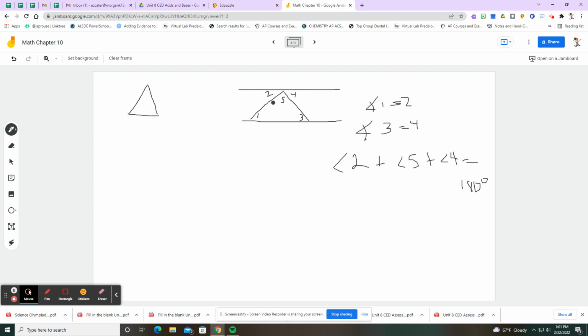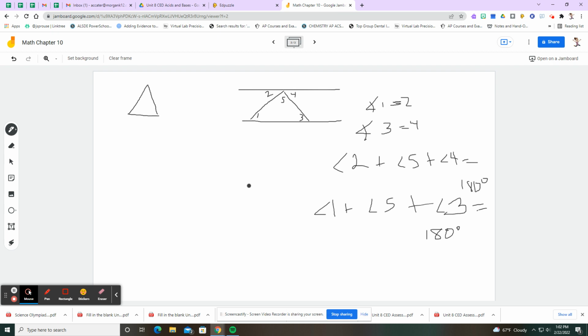So 2, 5, and 4 add up to 180 degrees. And then 1, 5, and 3, so let's write that down as well. Angle 1 plus angle 5 plus angle 3 all add up to 180 degrees. So all of the interior angles on the inside of the triangle have to add up to 180 degrees. That's how we know that something is a triangle.